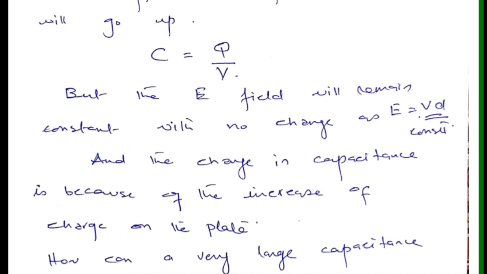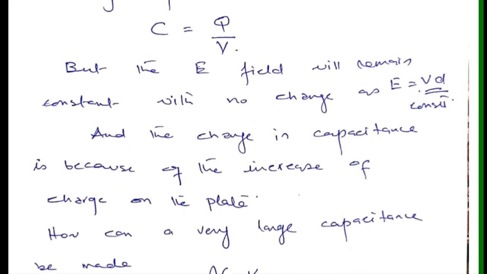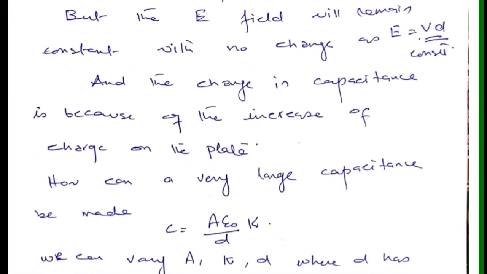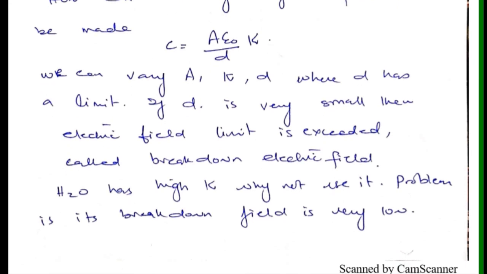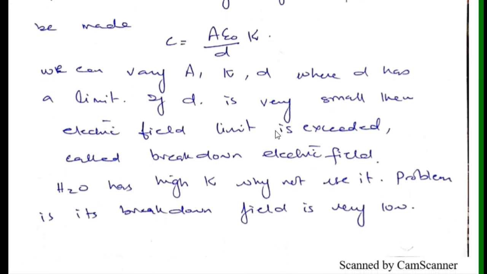So the charge on the capacitor increases because of the increase of the charge on the plate. So we can see that C is equal to A epsilon naught over d times kappa, and we can write C equals A epsilon naught over d into kappa.